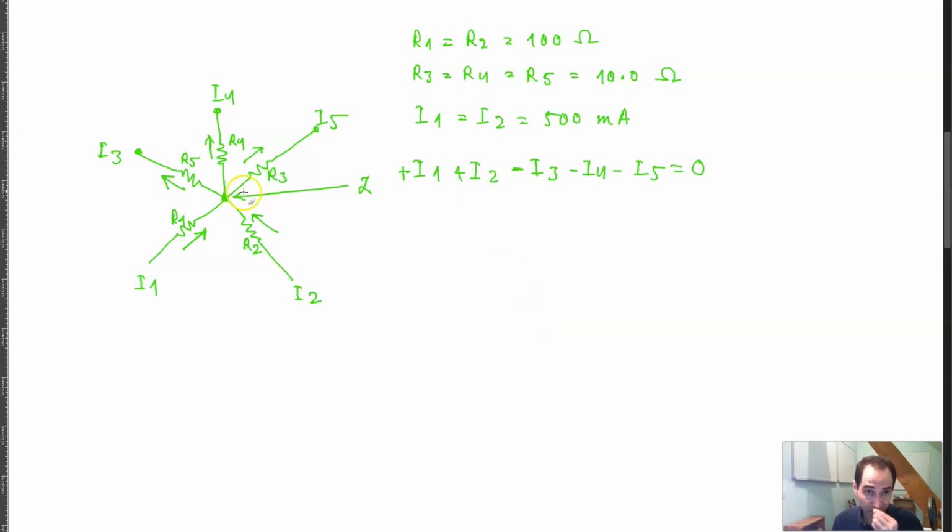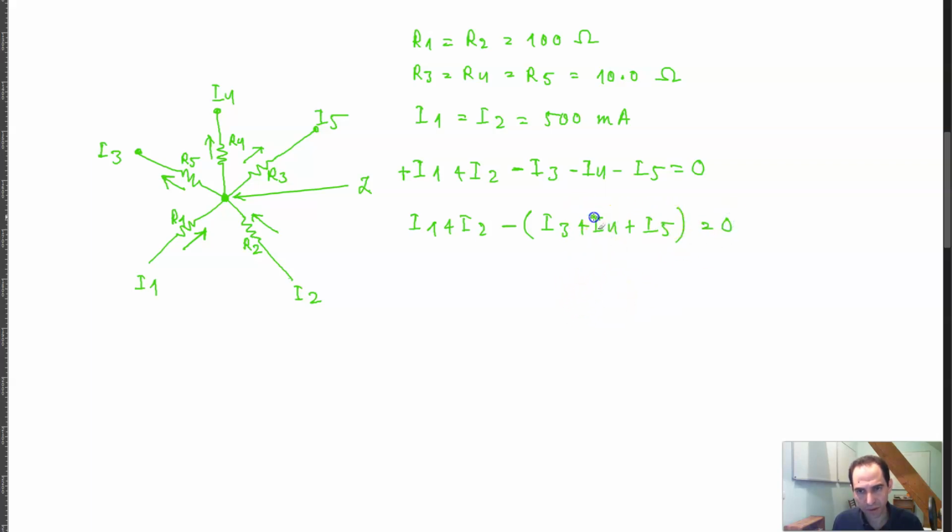The algebraic sum of all of these currents is supposed to be equal to 0. Now all of these currents are going out, right? So I write this as I1 plus I2 and take a negative sign out, so you have I3 plus I4 plus I5 is equal to 0.